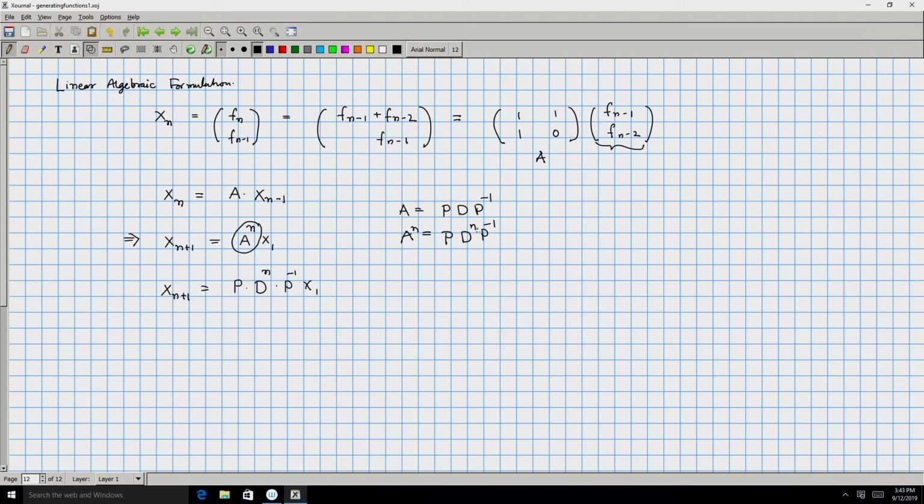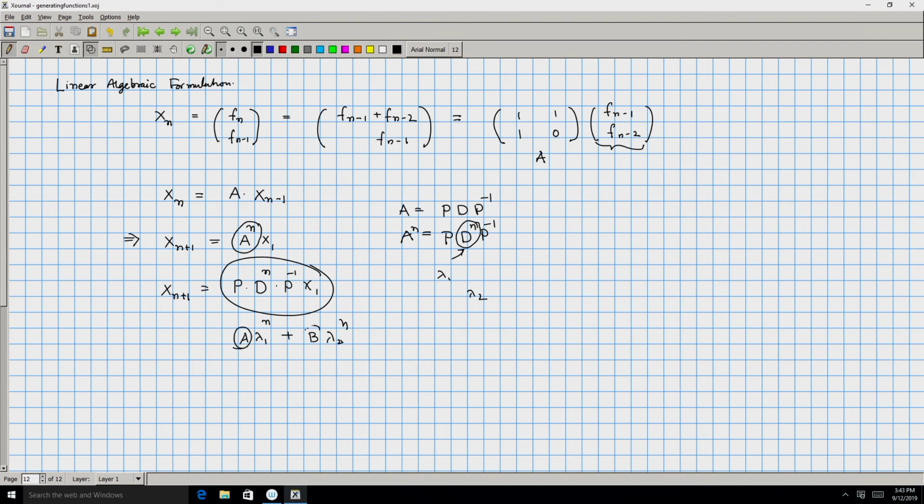Okay. And D is now going to be a diagonal matrix, and if its diagonal values are lambda 1 and lambda 2, this entire expression will basically be something of the form A lambda 1 raised to n plus B lambda 2 raised to n.